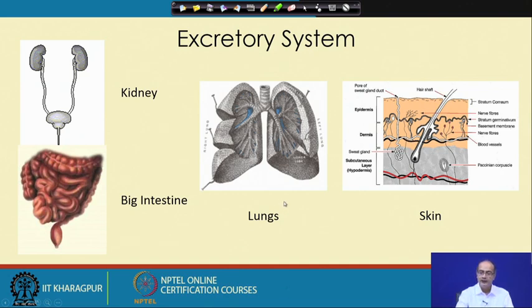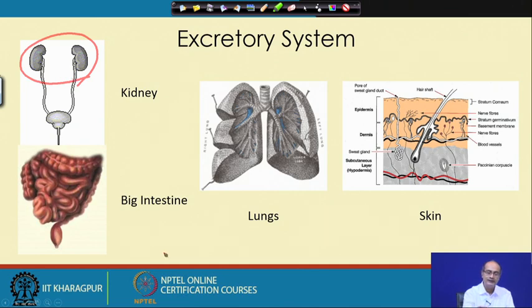First of them is carbon dioxide. We said that the lungs are responsible for the exchange of the carbon dioxide. And next, an important thing is the kidney. A lot of blood vessels are there in the kidney, and it acts as a filter.